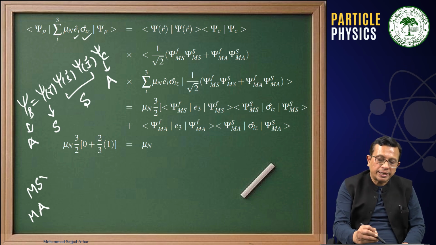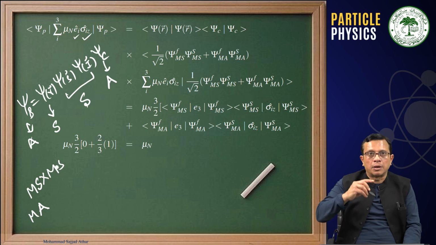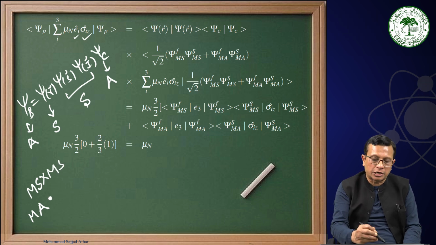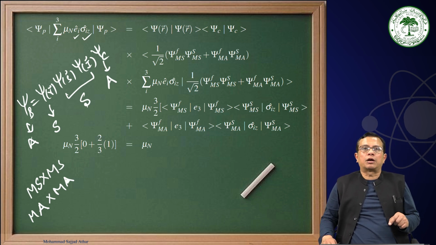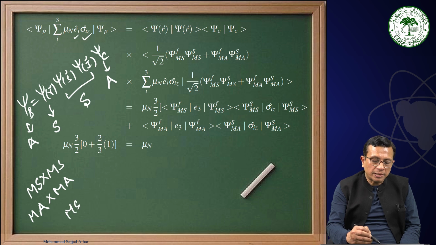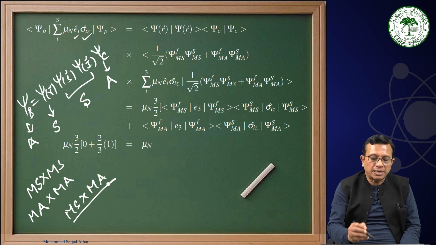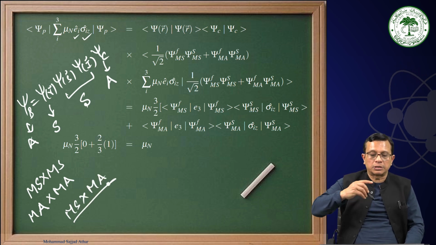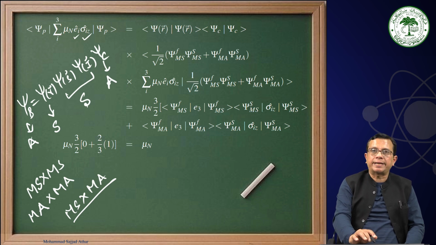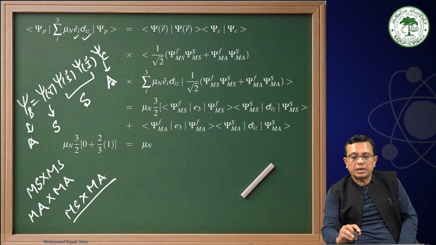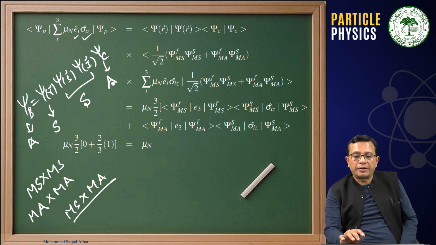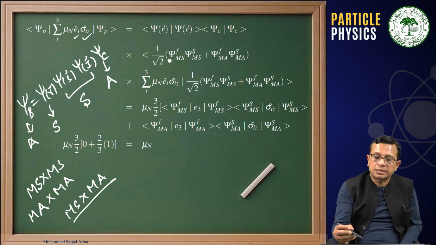Now, the important point is mixed symmetric times mixed symmetric will give me a symmetric combination, and mixed antisymmetric times mixed antisymmetric will give me a symmetric combination. While mixed symmetric times mixed antisymmetric will not be allowed, because this will give me antisymmetry, and antisymmetry with antisymmetry will become symmetric. That is not allowed. Therefore, we are taking a normalization factor when we are putting these two together. This is F.